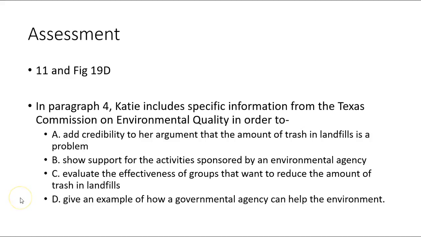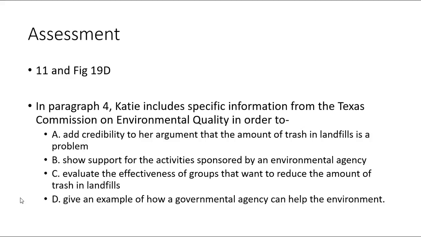This is another 11 in figure 19b question, but it deals specifically with evidence. In paragraph 4, Katie includes specific information from the Texas Commission on Environmental Quality in order to. So we have to look at what the information is, or the evidence, and then where it came from. And notice here the word credibility is used.